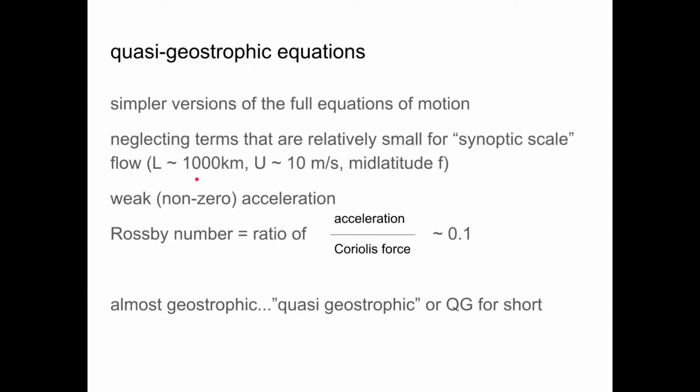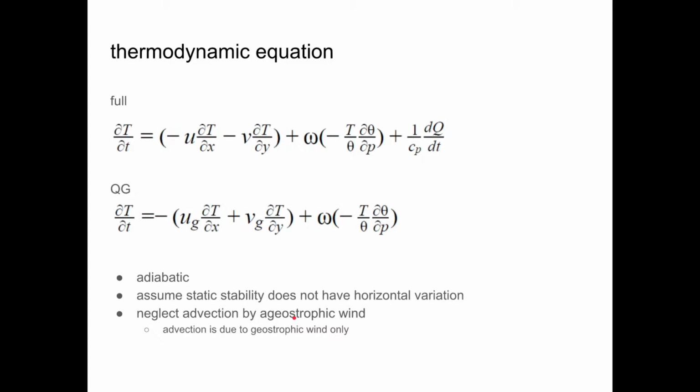And that's the case if we're looking at weather systems that have a wavelength on the order of 1,000 kilometers and wind speeds on the order of 10 meters per second in the mid-latitudes. So if the Rossby number is 0.1, it's almost geostrophic. Perfectly geostrophic would give you a Rossby number of 0, and it's called quasi-geostrophic, or QG for short.